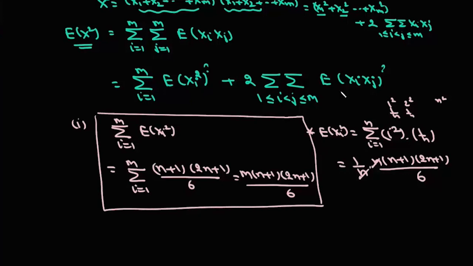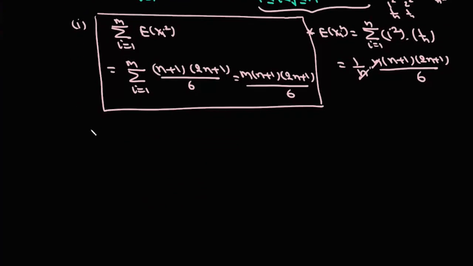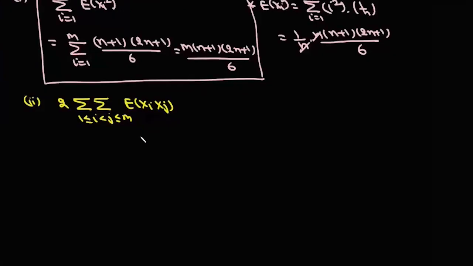Now we have to calculate this 2 times double summation expectation of Xi into Xj. So for the second term, we'll find 2 times this summation, 1 less than or equal to i less than j less than or equal to m, E of Xi into Xj. Now the obvious question is, how do we calculate this?